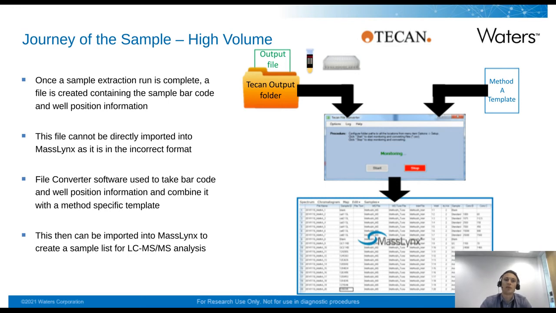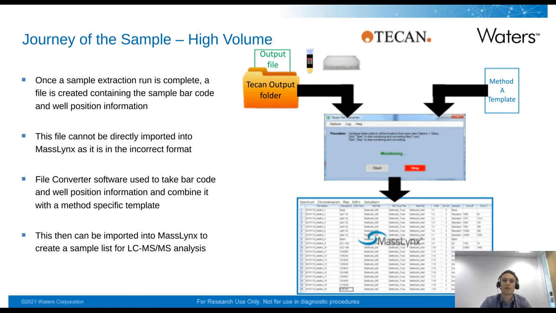And to get the sample ID and well position information from the Tecan into a format that can be imported into MassLynx, a file converter is used. Once the sample extraction run is complete, the Tecan EvoWare software generates an output file containing the sample tube barcode and final well position information.